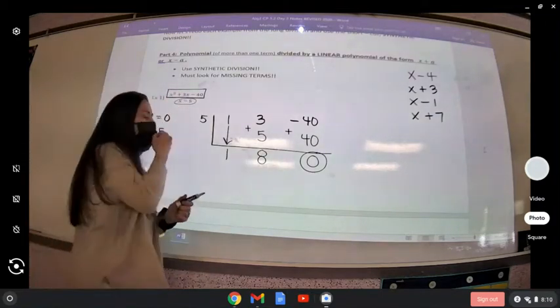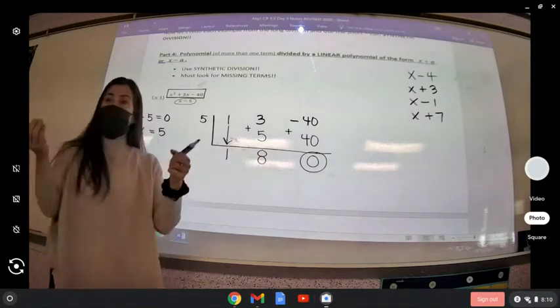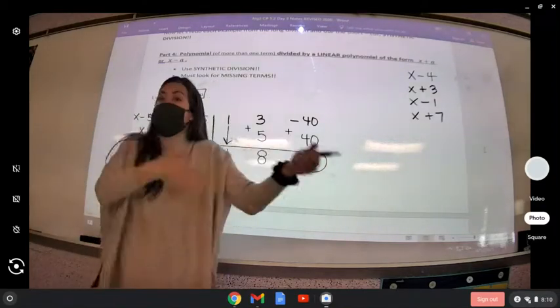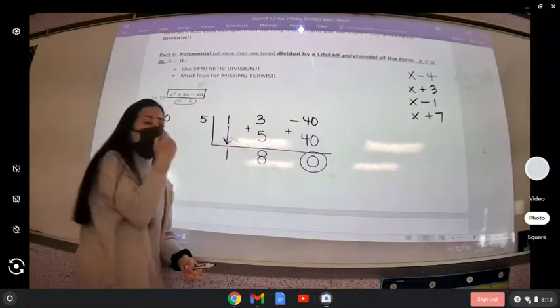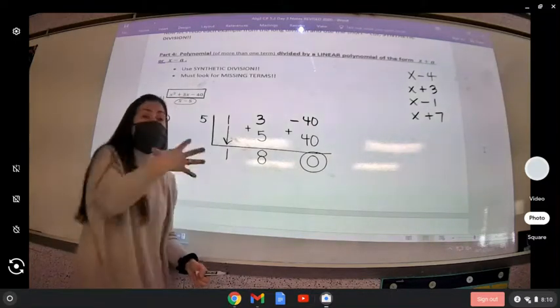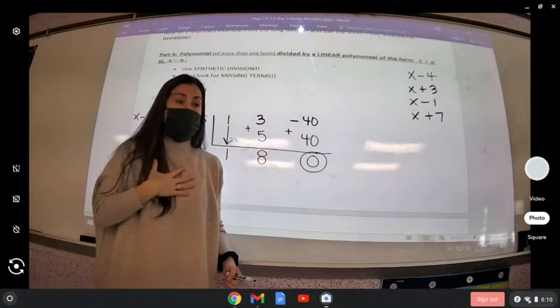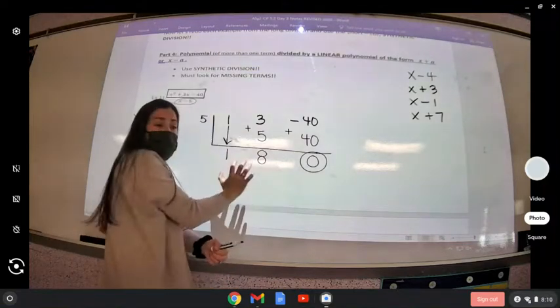Because synthetic division took the variables out, we need to put the variables back in. These numbers down here are the coefficients to our answer polynomial. They're just missing the variables that go with them.